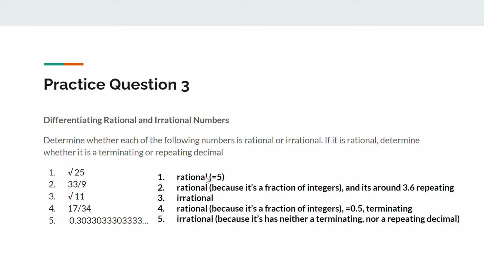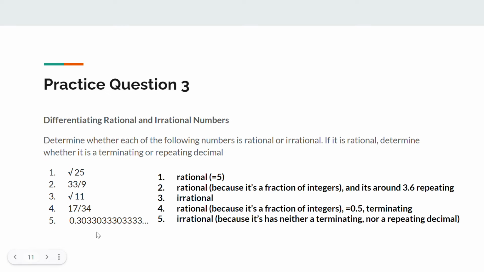And the third one, the square root of 11, is irrational because you can't express it as a fraction of integers. The fourth one, 70 over 34, is rational because when you simplify it, you get 0.5, which is a terminating decimal, because it stops at 5.